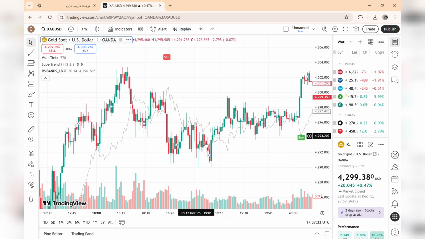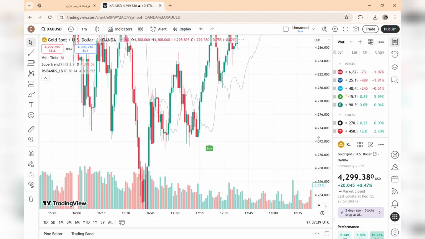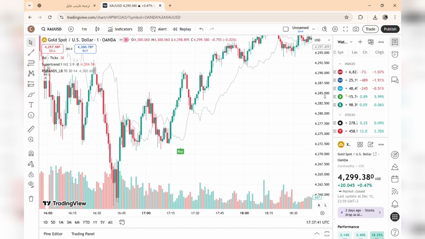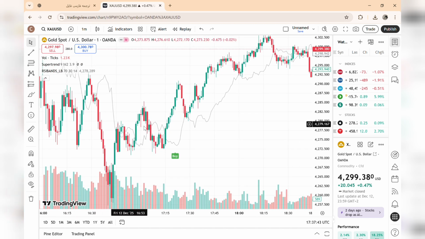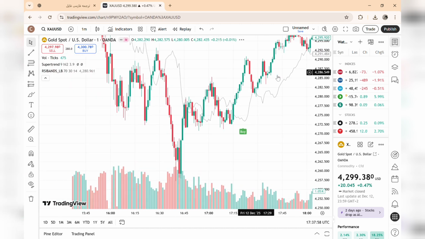Make sure to backtest without bias before using this strategy in live trading, and always manage your risk and capital properly. And here, for example, you can see the reaction of the RSI and the market candles, and also the results.